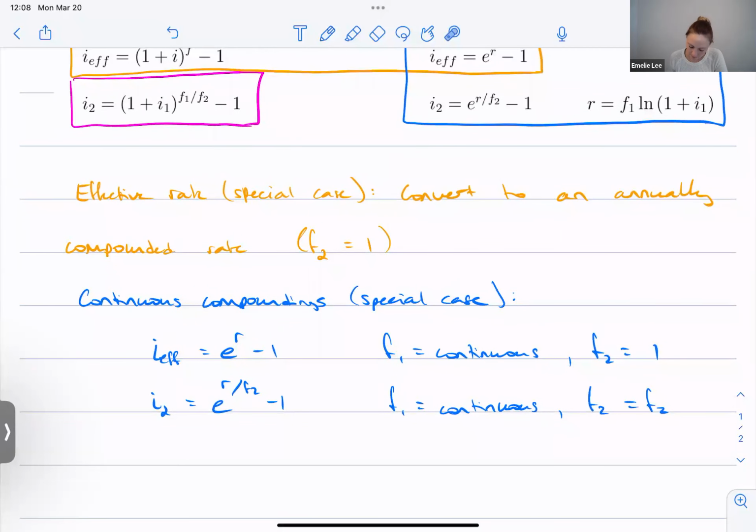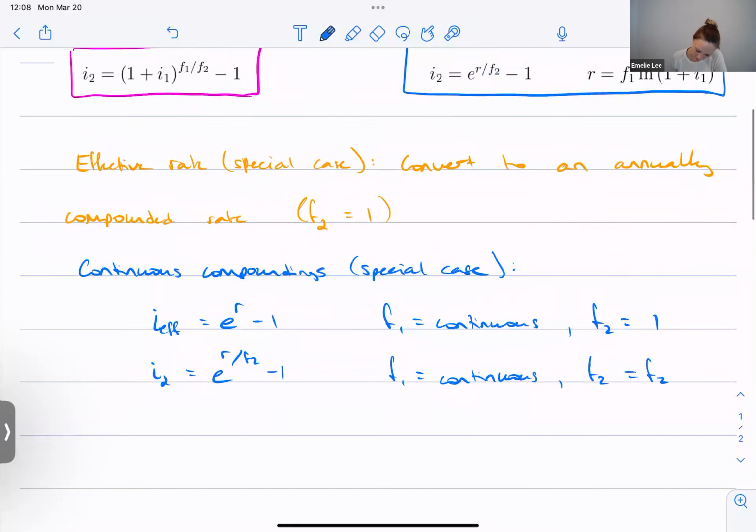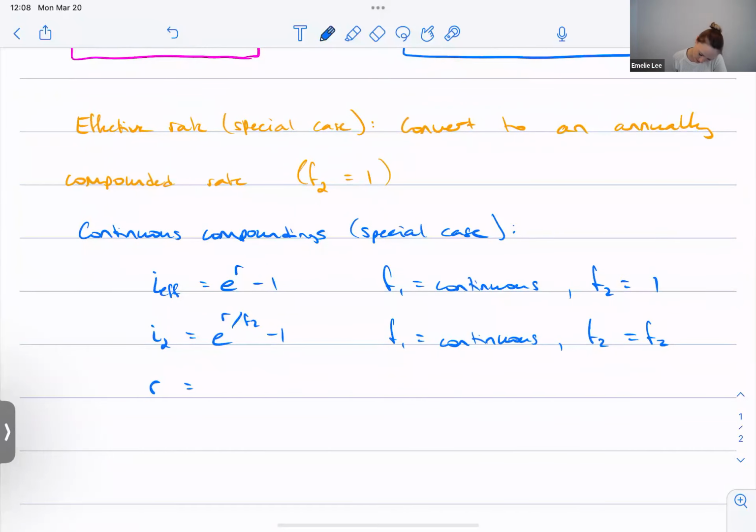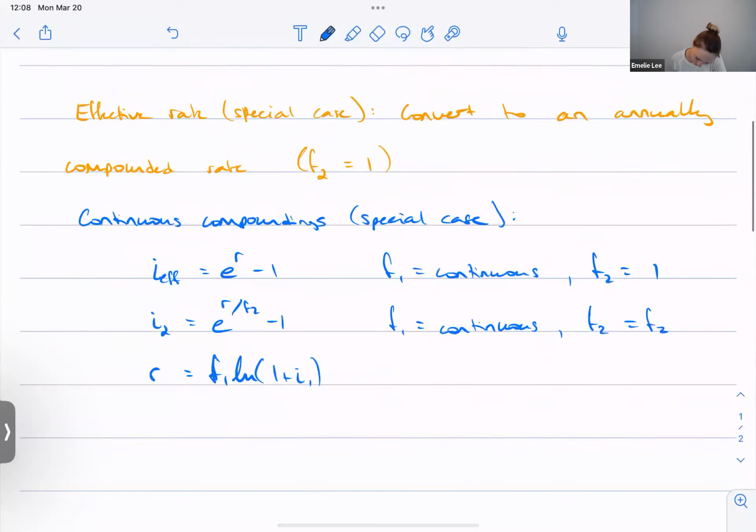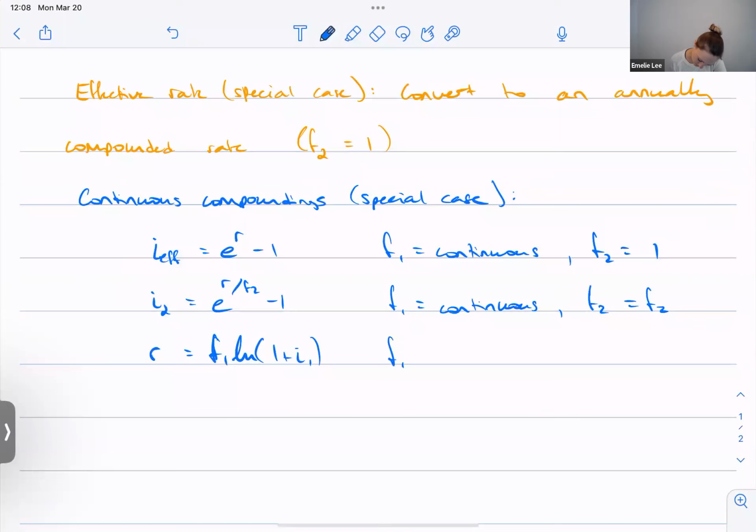And then finally, when we're moving from some compounding frequency F1 to a continuously compounded rate, R is F1 times the natural log of 1 plus I1. So F1 is some F1 and F2 is now continuous.